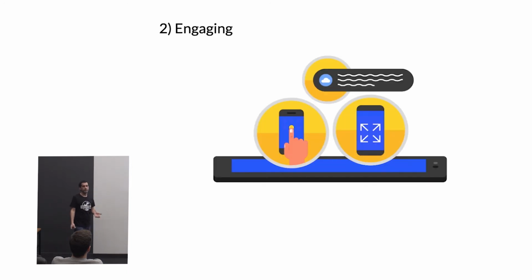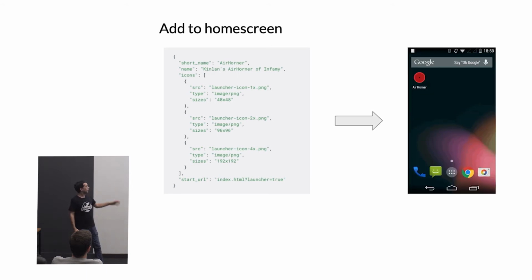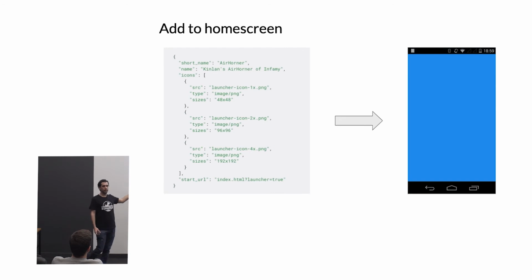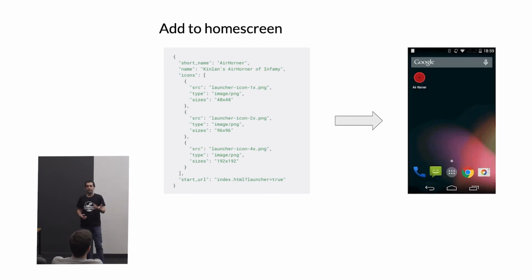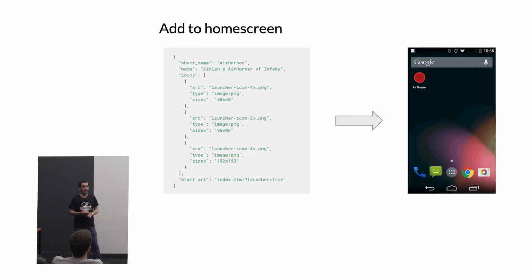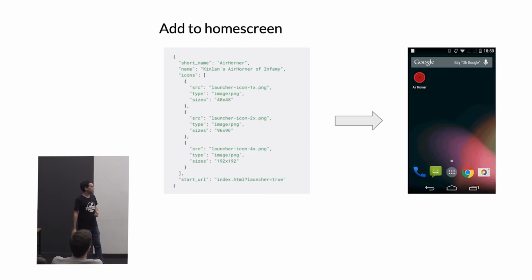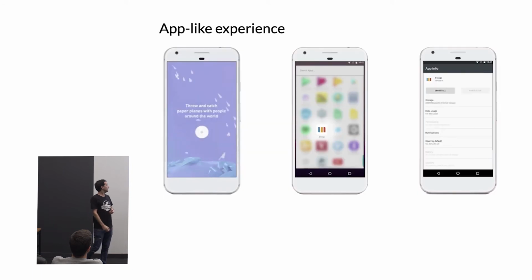To make webs more engaging, there are some tools. With this simple JSON file, we can have an icon on the home screen of our users, and with that the option to launch our web in a full screen way, more similar to a native app.